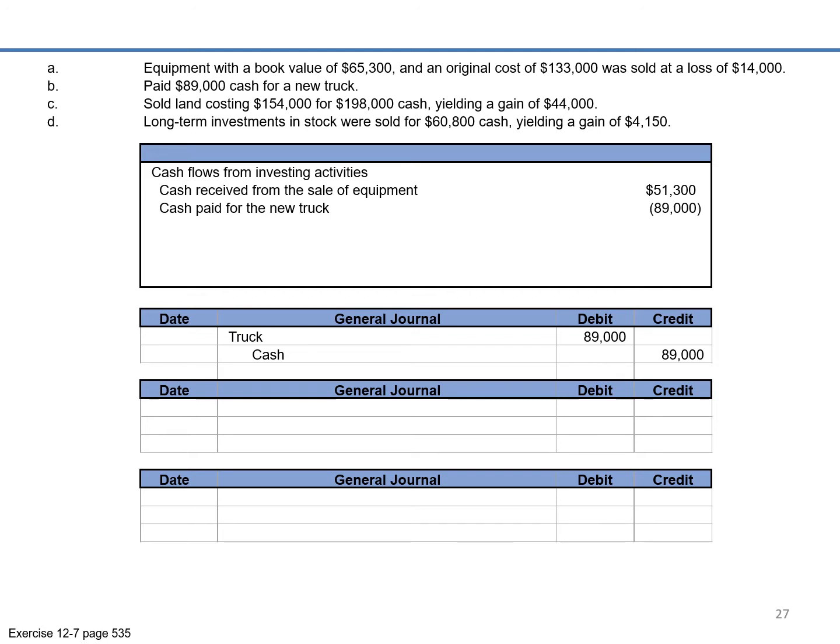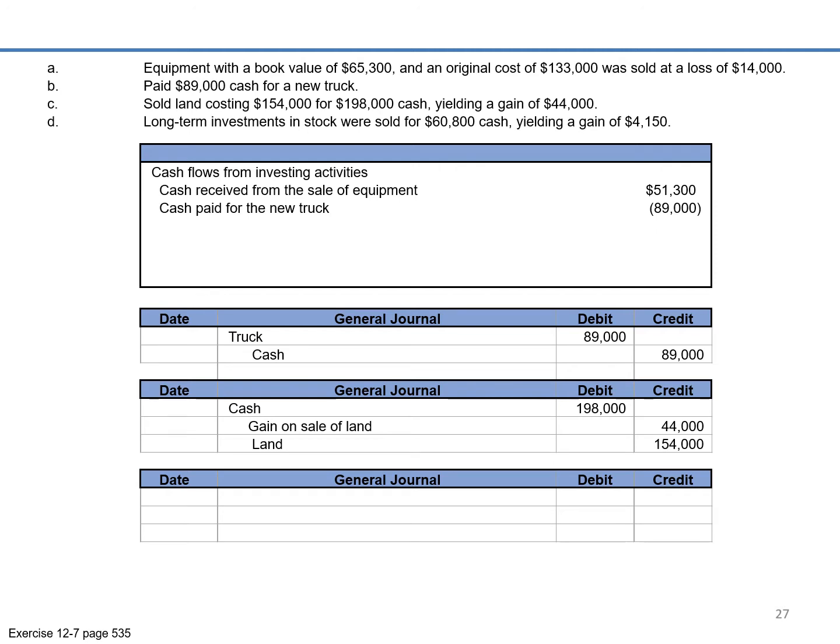Then in letter C, we sold land costing $154,000 for $198,000 cash, yielding a gain of $44,000. Well, they tell us we got cash for $198,000. They told us that the land cost $154, and they told us our gain was $44. So we have a credit to gain on sale of land of $44. And we have land that we're removing from our books of $154.